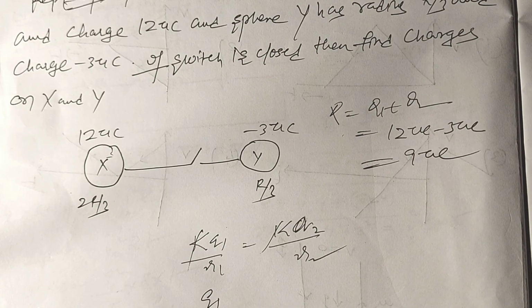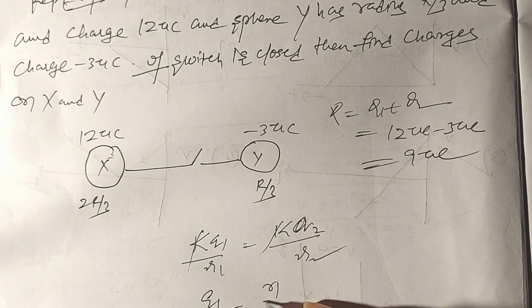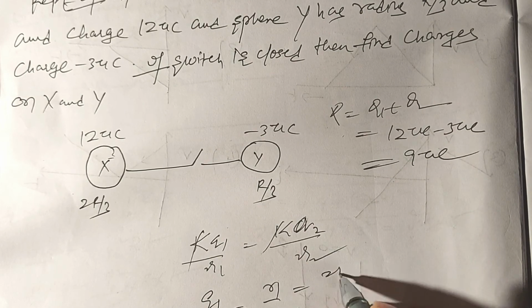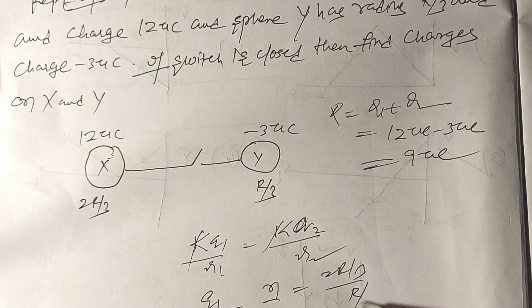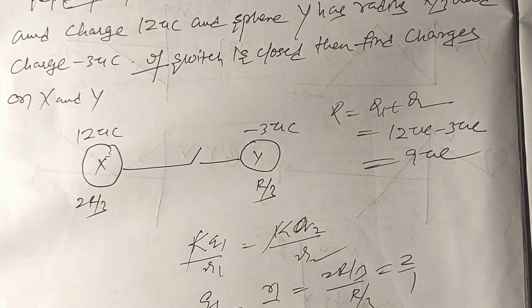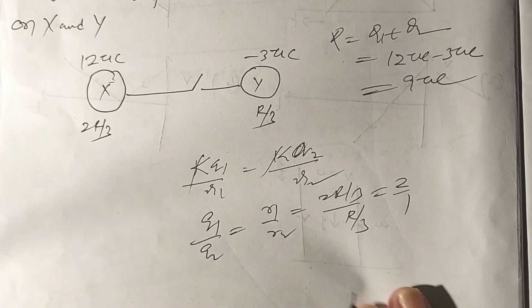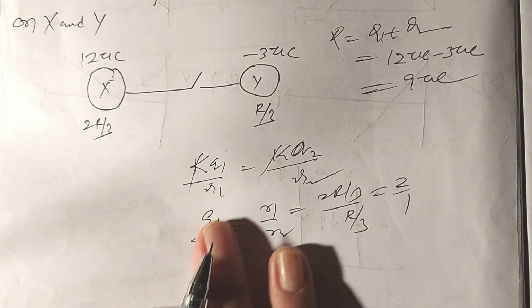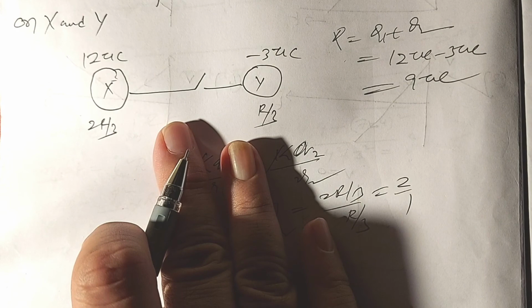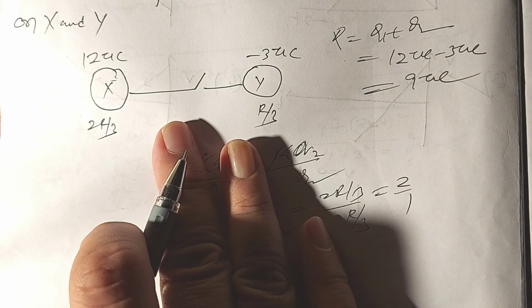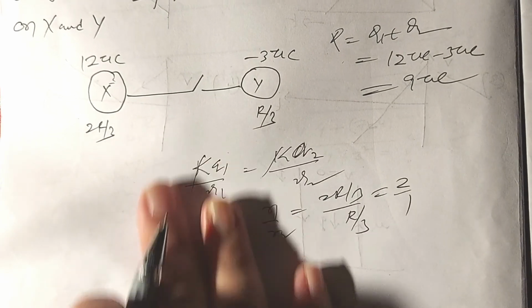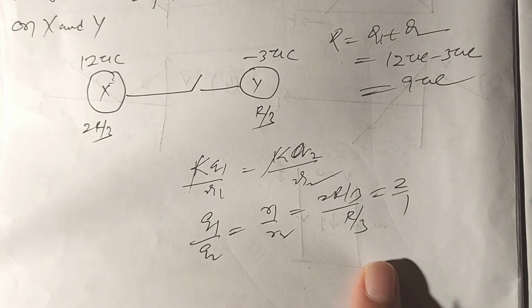Q1 by Q2 is equal to R1 by R2. 2R by 3 divided by R by 3, that is equal to 2 by 1. So the ratio of charges on these isolated conducting spheres is 2:1.